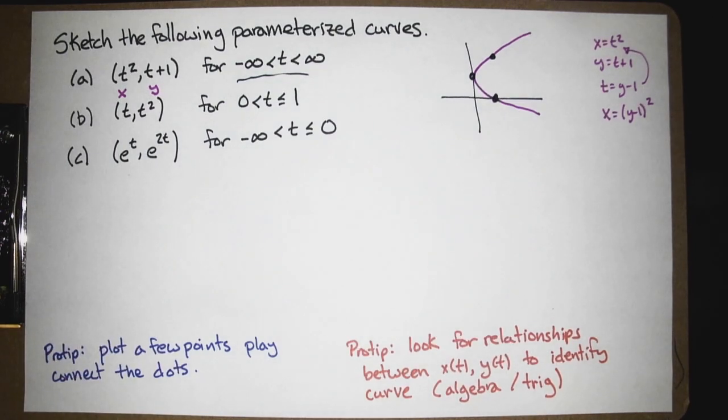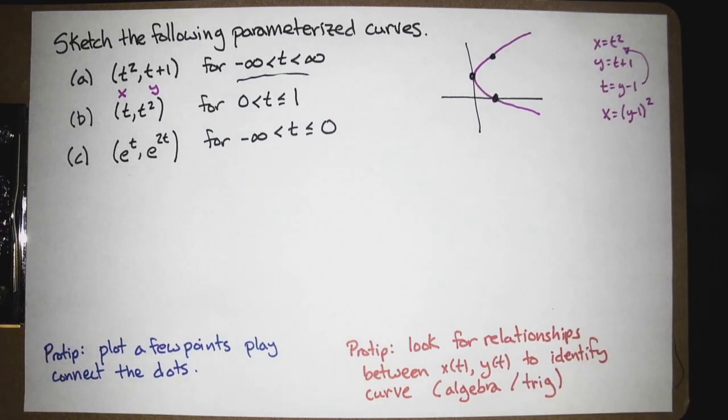Now, is this the right answer? And why do I even have to ask the question? Let's see. There are some bounds here, so you have to pay attention. We definitely know any points that we plot have to satisfy this relationship.